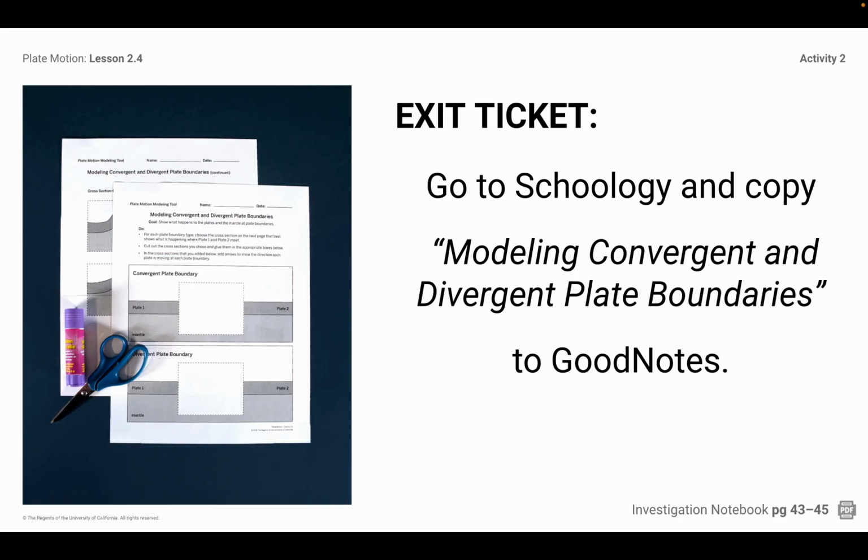There's an exit ticket that I had the kids do today. If you go to our folder today in Schoology, you're going to see a PDF called Modeling Convergent and Divergent Plate Boundaries. Go ahead and copy that into GoodNotes. It's 2 pages. The first page has a cross-section view of convergent and divergent plate boundaries, but a section of that cross-section is missing.